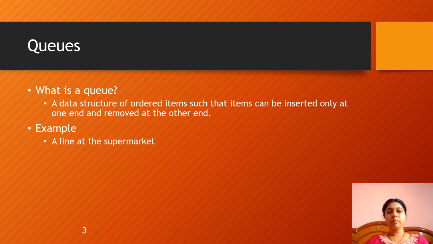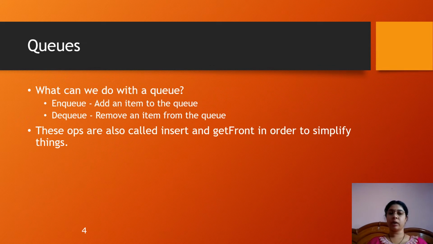For example, in supermarket lines, or in the diagram you saw last time, we take some counter reservations, so we add our data or our elements at the end. Why?